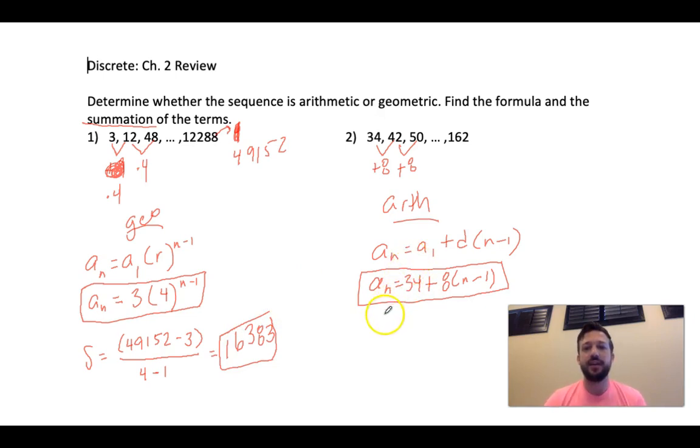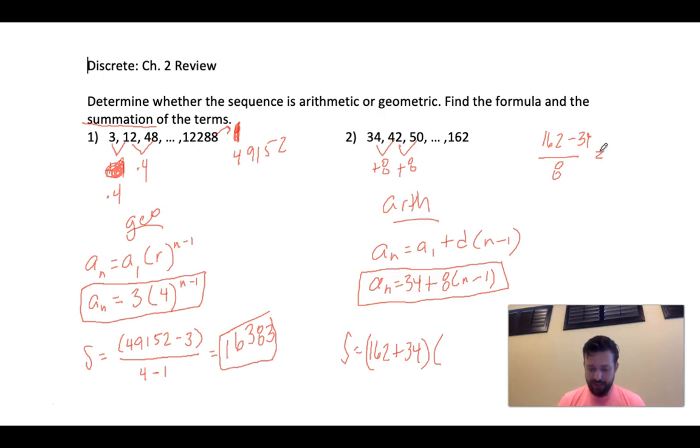Then find the summation of this one. Remember, arithmetic, it's the last term, 162, plus the first term, 34, times the number of terms. To get the number of terms, we do 162 minus 34 divided by the difference, which is 8. So 162 minus 34 divided by 8 comes out to be 16.